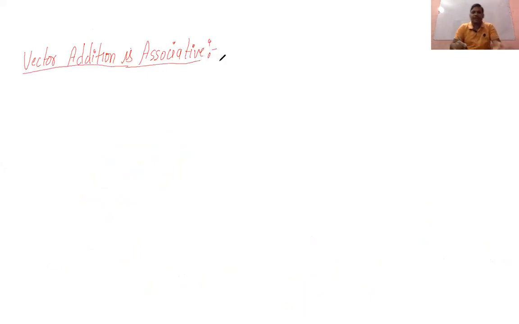So vector addition is associative. Let's see how we can prove that vector addition is going to be associative.